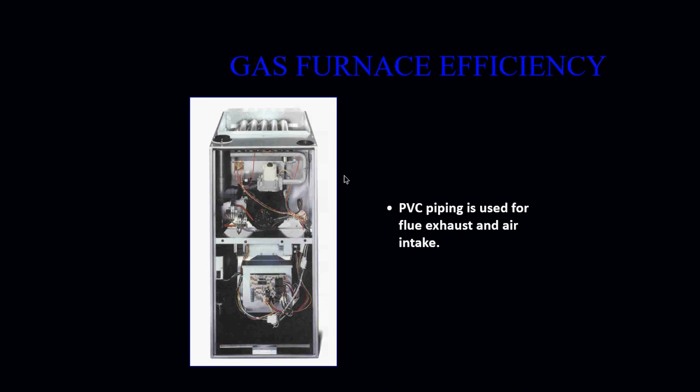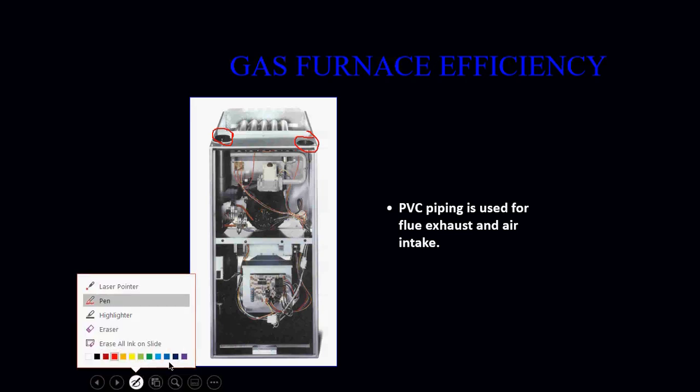We can look at this picture here. You will see that we have a flue pipe, a connection here and a connection here. With a lot of our high efficiency furnaces, you will see that there will be two PVC pipes that are going to be connected to this particular type of furnace.